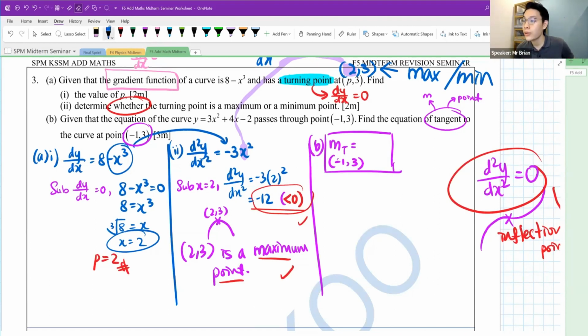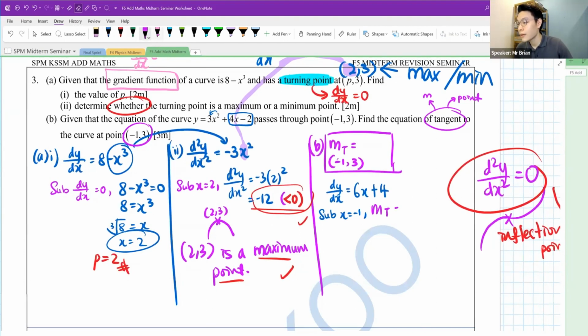So I'm going to differentiate the curve because MT is the same as dy dx. Power times power minus 1. Differentiate 4x minus 2. The gradient of 4x minus 2 is just 4. So that's why when you differentiate, you find the gradient is just 4. Next one, we sub x equals -1 because I want to know what the gradient is there.